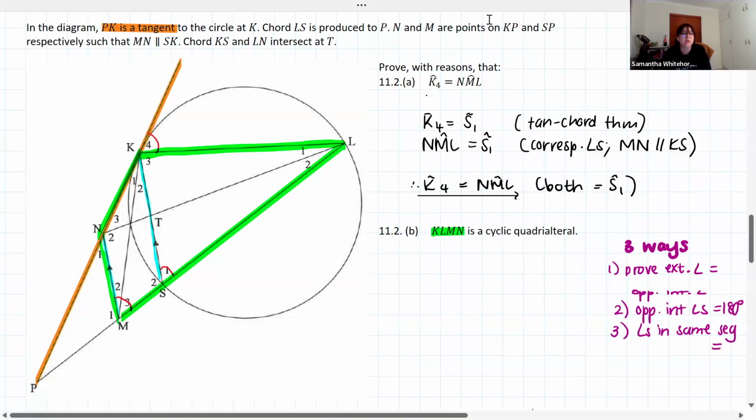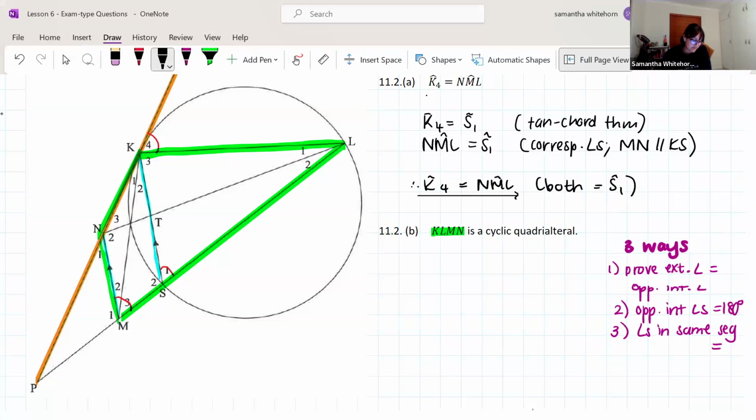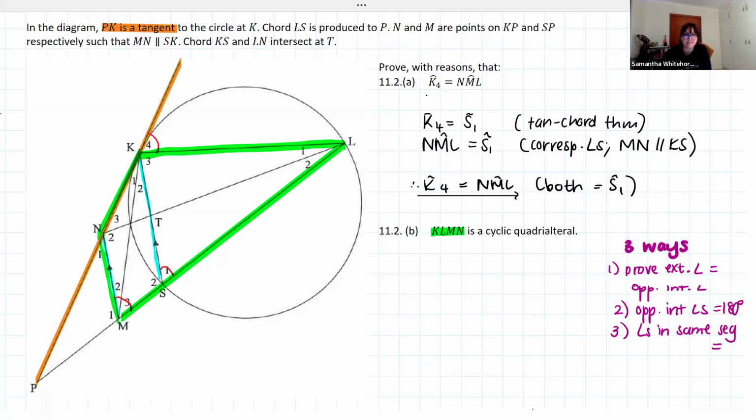So take a look at the angles we've proven are equal and see if any of them allow you to say that KLMN is a cyclic quad. Any ideas?